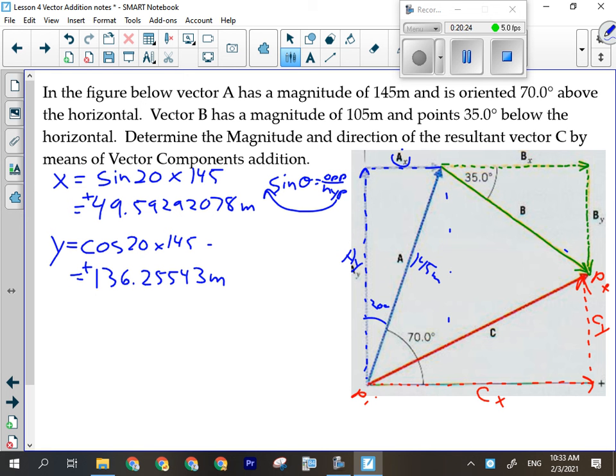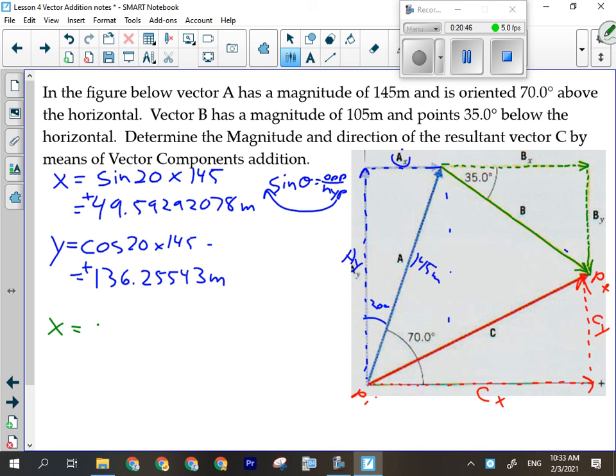All right. So now I've found all the components of the blue triangle. Now I've got to do that for the green triangle. Find all the x's, find all the y's. So I want to find green x. Green x is adjacent to my 35-degree angle, so what trig function am I going to use to find it? Cos.